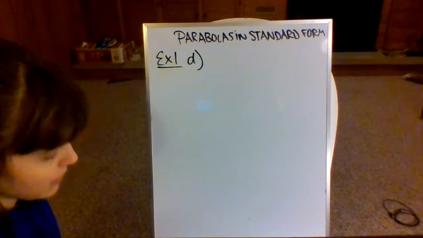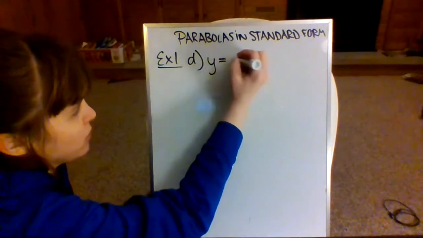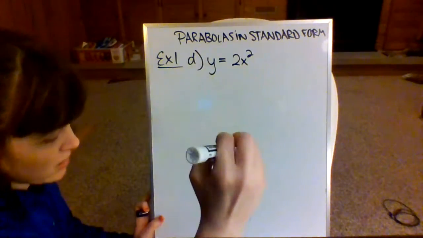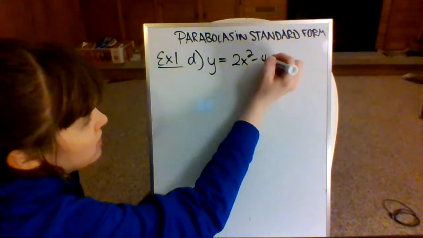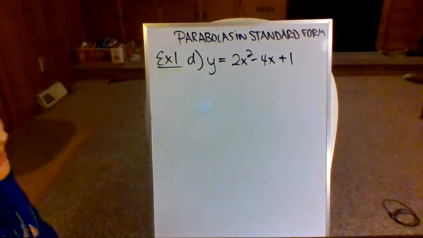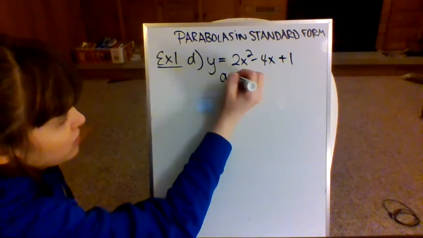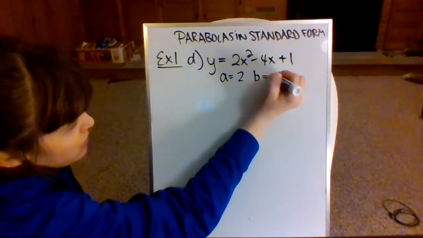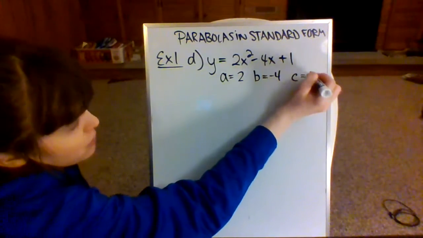Alright, so part D on your notes says y equals 2x squared minus 4x plus 1. Okay, so here we have a equals 2, b equals -4, c equals 1.